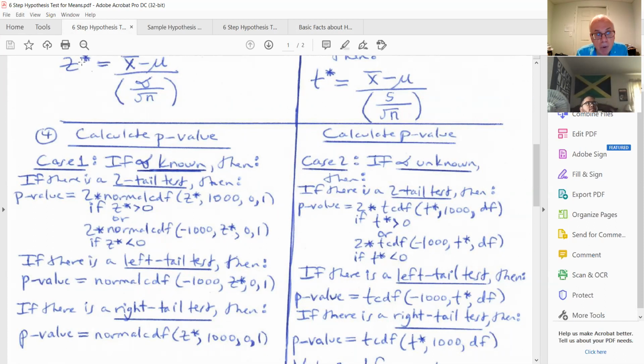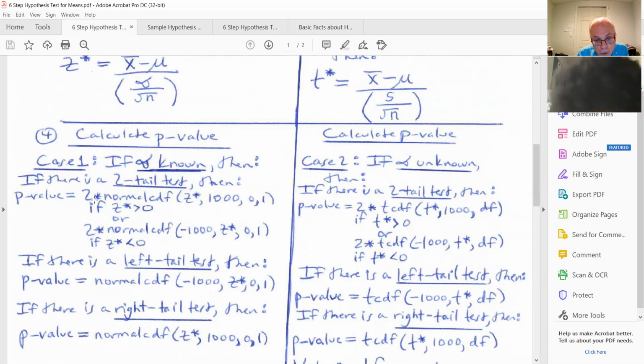So if z star is bigger than 0, it's to the right of 0, and we're going to calculate that area to the right. That's what this normal CDF is doing: 2 times normal CDF, and the first number we put in is our calculation of z star, then comma 1,000, then 0, comma 1. This is the standard normal.